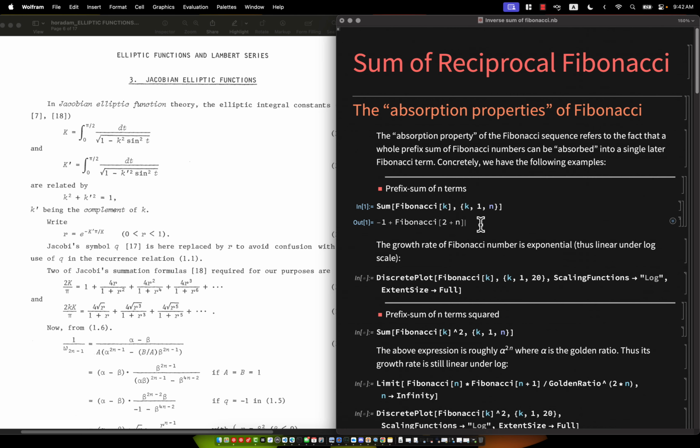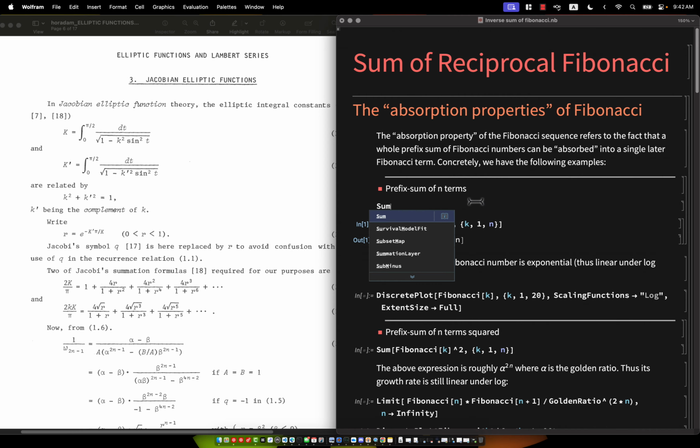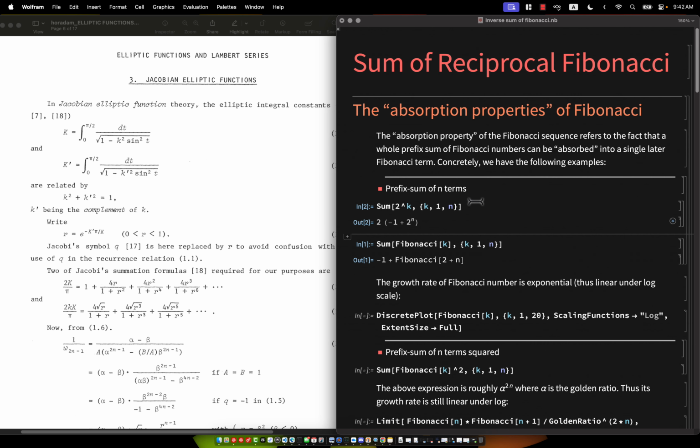This is quite common for a power series or geometric series. Say if you have the sum of 2 to the power k, for k from 1 to n, it also has something like this. You have 2 to the power n, and it looks like some term in the sequence itself.